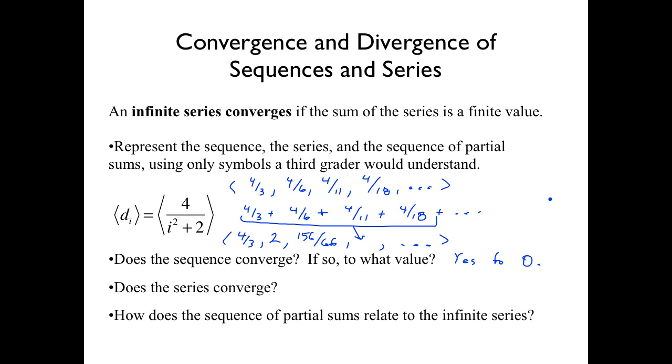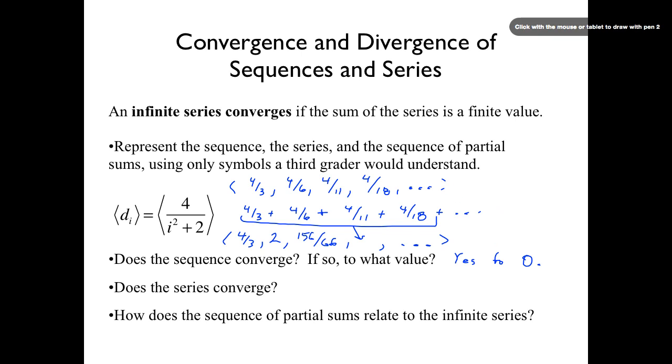All right, how about the series? Does the series converge? So what do we have? We have terms. The terms of the sequence are getting closer and closer to 0. And then we're adding all those up. Yeah, so all right, good.